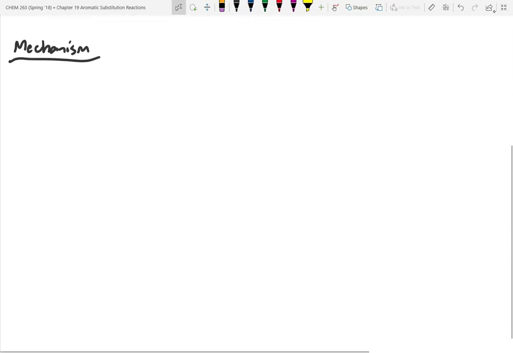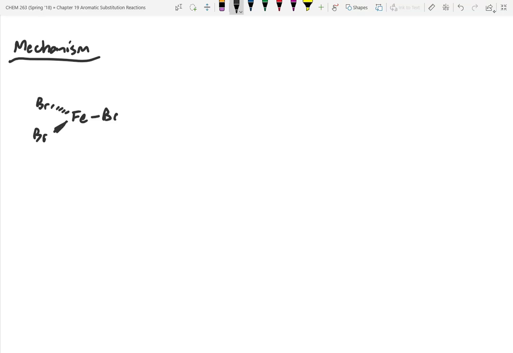So the mechanism's pretty straightforward, but the iron tribromide is really doing most of the work in the reaction. And if we think about iron tribromide, there's no lone pairs on the iron, which means it must be trigonal planar, right? So we've got this trigonal planar iron tribromide.